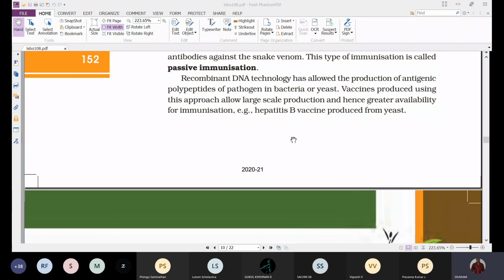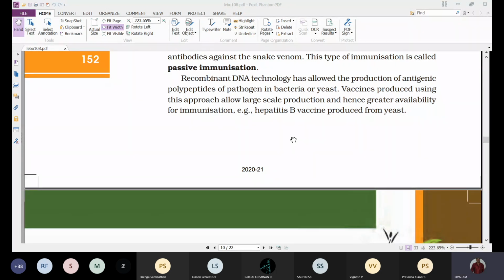But in recombinant vaccine, as we are giving only the antigenic structure, we are not giving the total organism, whether inactivated or attenuated. That's why recombinant vaccines are much safer when compared to the first generation vaccines. Next, the vaccines produced using this approach allow large scale production and hence greater availability for immunization.